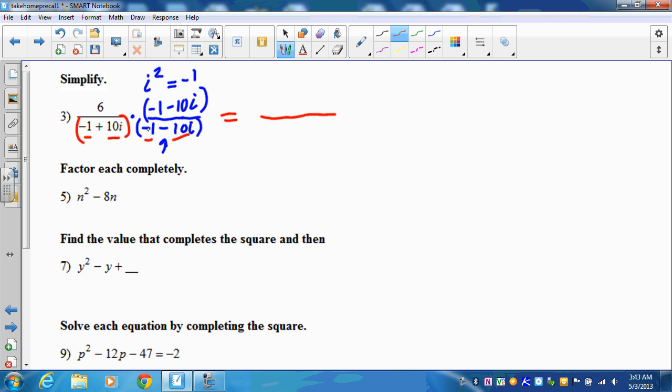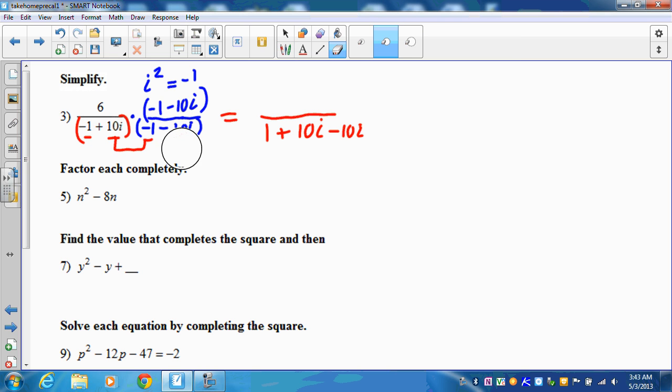So you have a negative 1 times negative 1, it's a positive 1. And then when you FOIL the negative 1 all the way over to the negative 10, you get a positive 10i. And when you FOIL the inner terms, you get negative 10i. So that's always going to be the case when these completely match up.